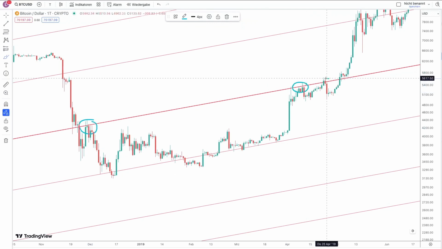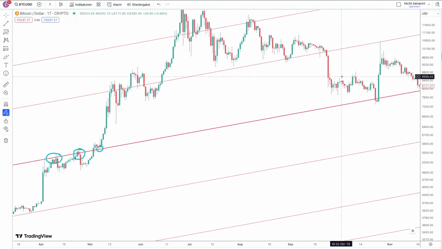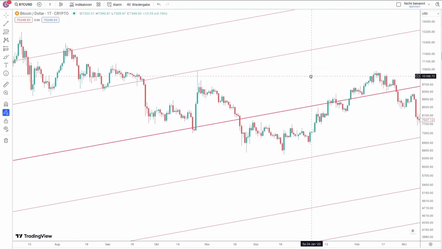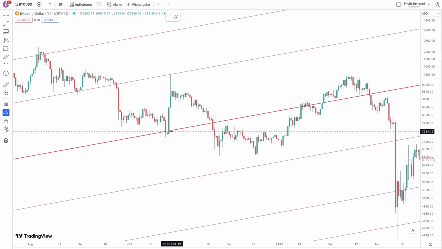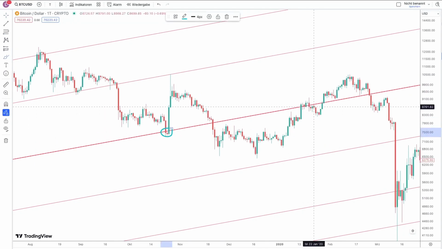These resistances in April and a short support. Then in October 19 we were here slightly below, here slightly above. Here we had a support again.